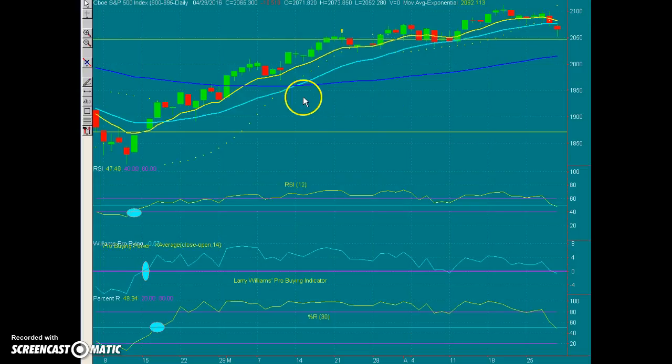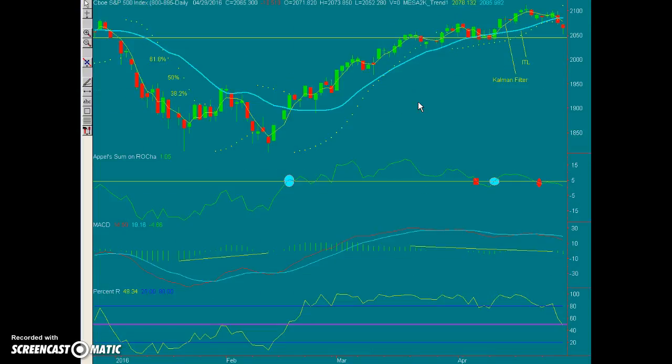Let's take a look at another daily chart that we often look at. Here's that other daily chart of the S&P 500 we usually look at. And on this chart, we have the Kalman filter and the instantaneous trend line. Now we see that the Kalman filter did cross below the instantaneous trend line.